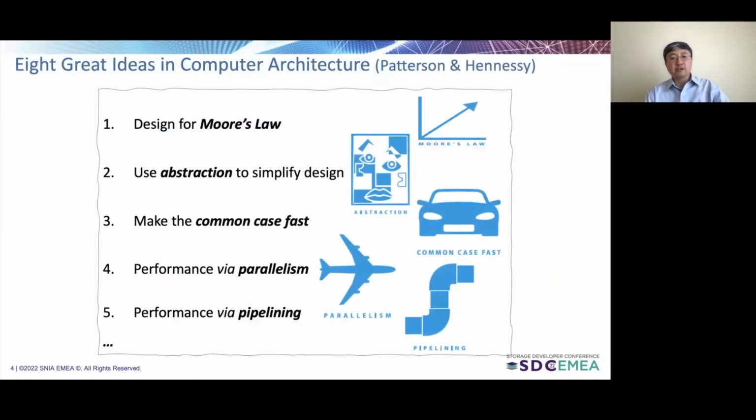In their legendary computer architecture textbook, Professors Patterson and Hennessy list 8 great ideas in computer architecture, where abstraction ranks second. Indeed, abstraction is a key design principle underlying modern computing systems. Without the abstraction-centric design philosophy, today's information technology ecosystem would simply not exist.